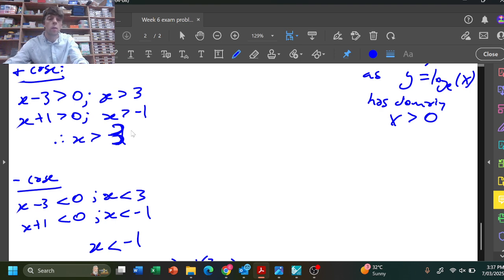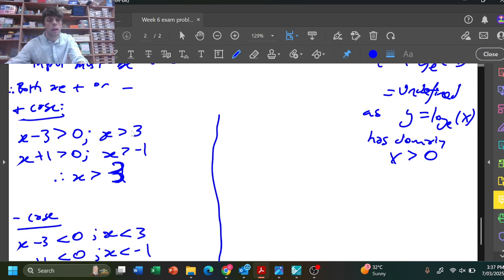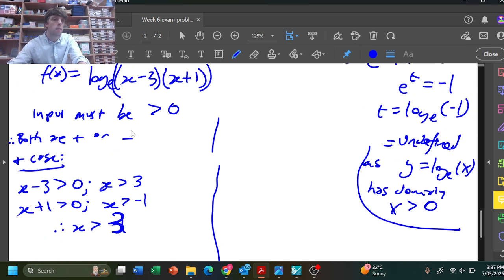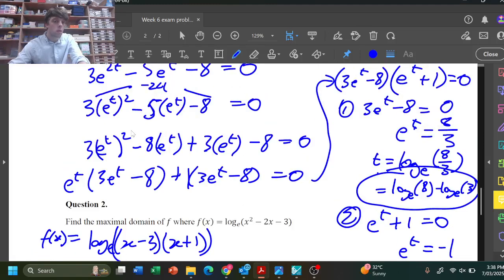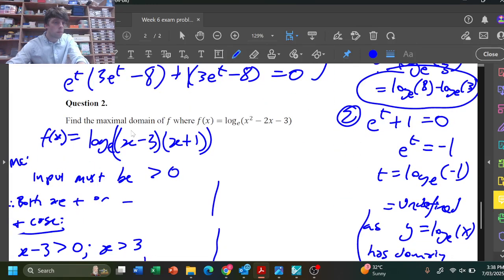Now, another way that we could have done this is, I'm going to draw a line down the middle here to indicate. So this was method 1, I guess. If we consider method 2, what we could do is just think about what the graph of this quadratic looks like.